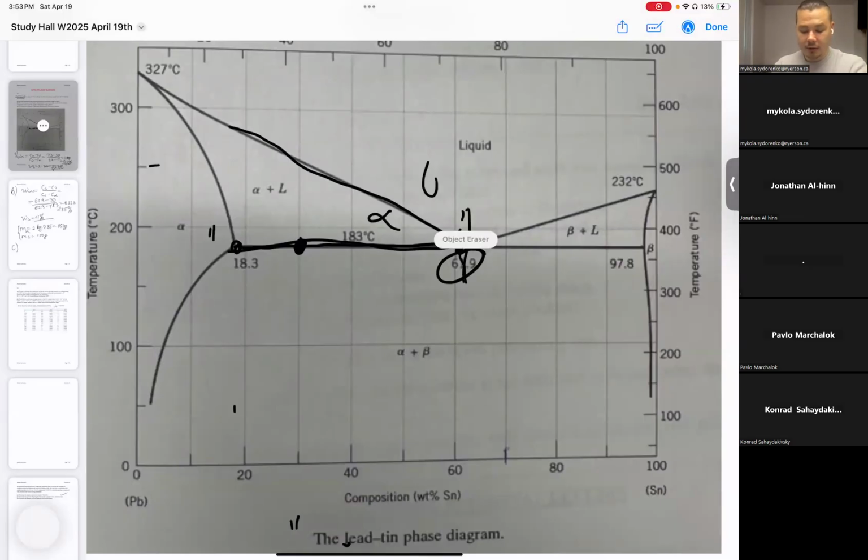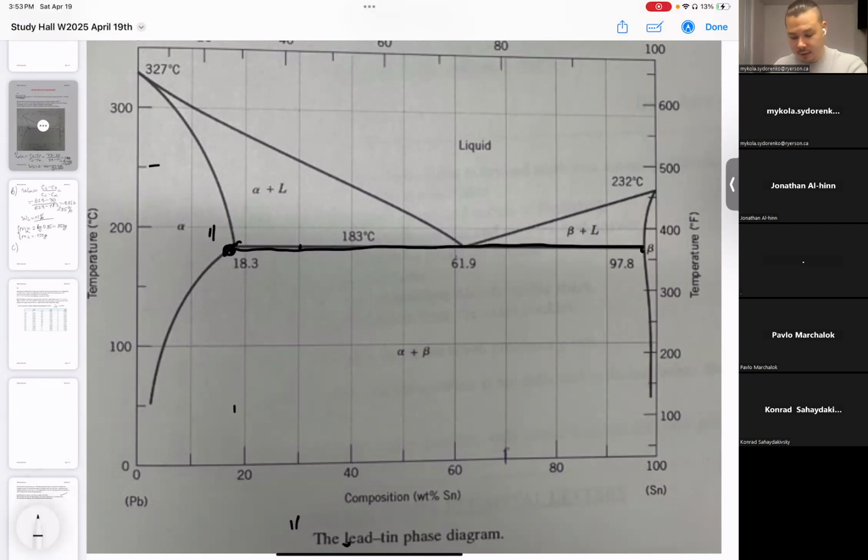But now we need to compute alpha and beta being formed, so we need to consider the entire tie line over here. We need to drop our, this is going to be our C alpha, and this is going to be our C beta.